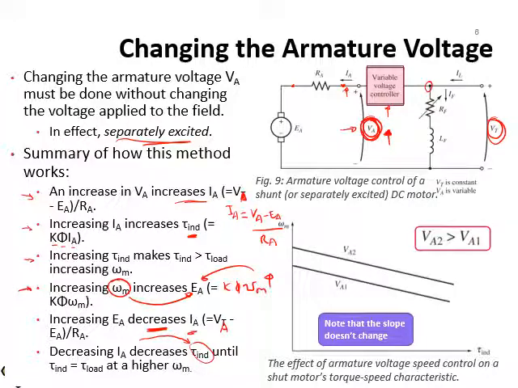Remember that before, if you refer back to this step here, because of the difference between the induced torque and the load, you have the acceleration. But now the induced torque has been decreased, which means that the acceleration is also decreased. So the change in the speed is not as fast as before.